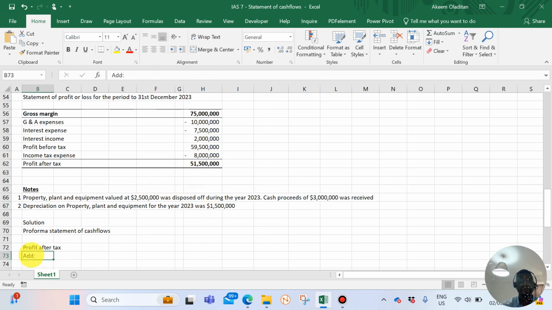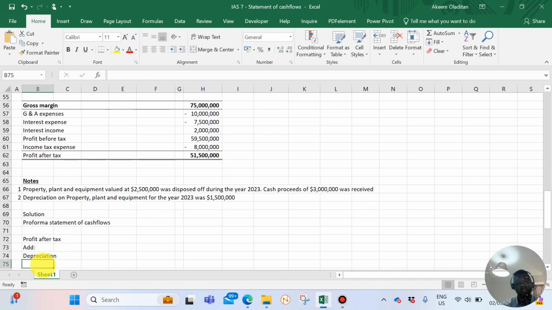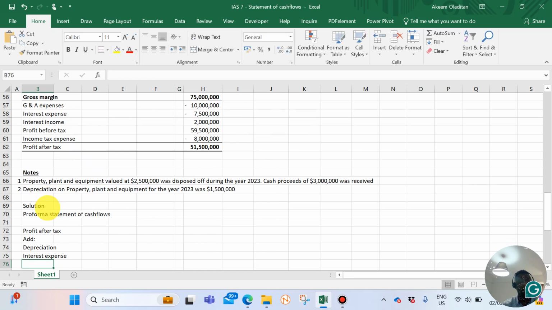So what are those things that we need to add back? We have depreciation. Let me take depreciation first. The next thing that we need to adjust back is interest expense. The next thing is income tax expense.